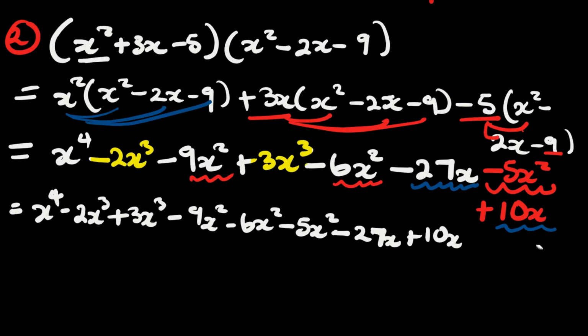Let me erase this 45 here, so I can write it down here, plus 45. Then now it makes things simpler for us for this part here.